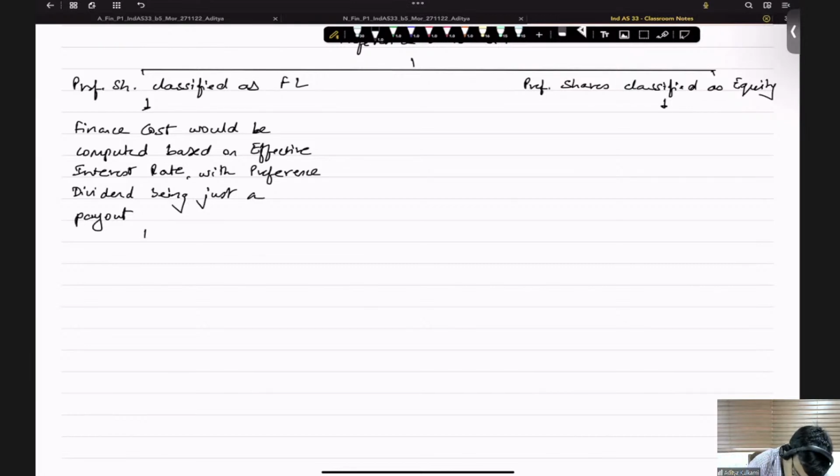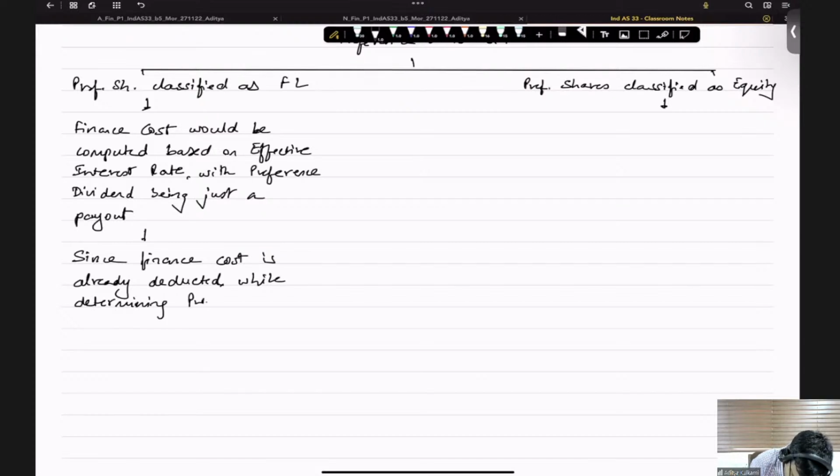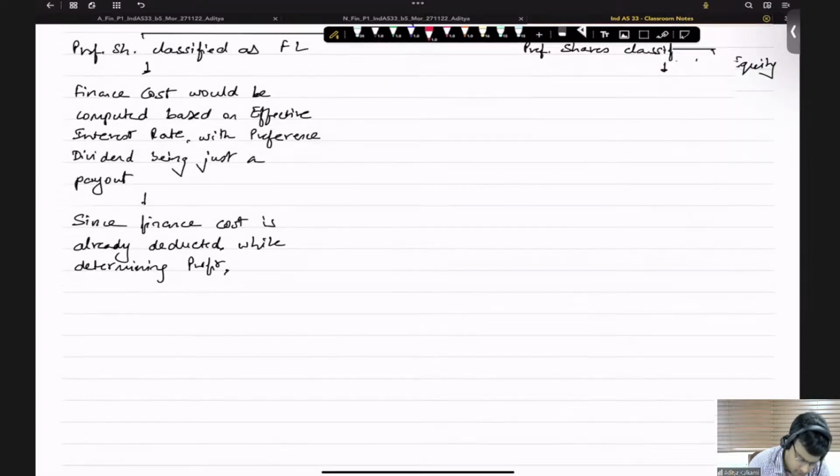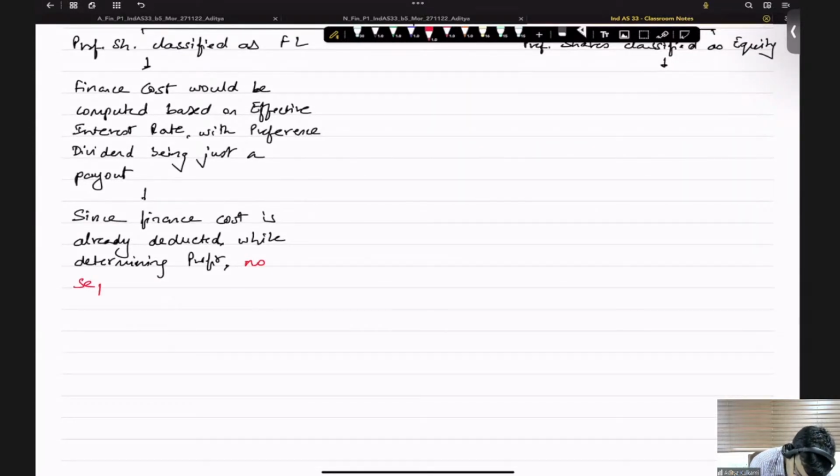So therefore, since finance cost is already deducted while determining profit, no separate adjustment is needed.